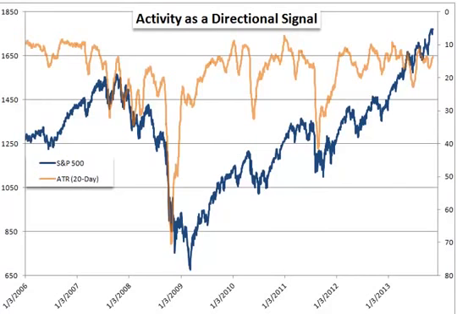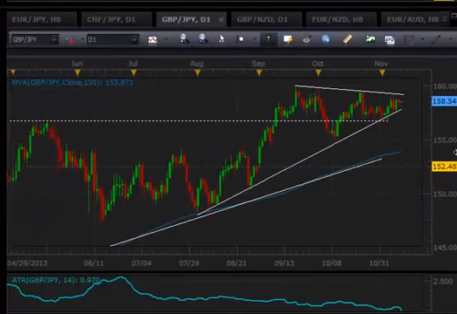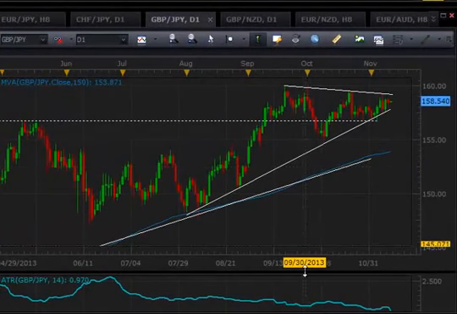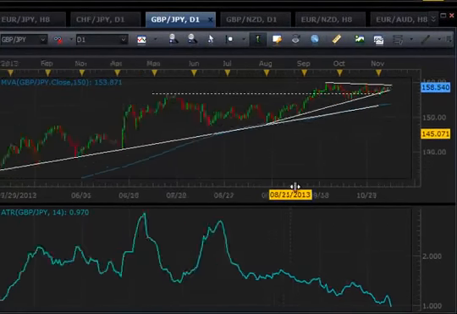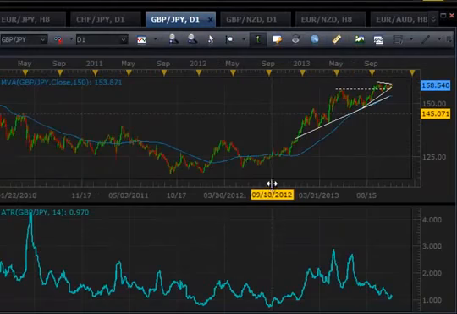Now, this is not just unique to the S&P 500. This just so happens to be also a positive correlation to the same currency pair we were just looking at, the pound yen. Right? And this is actually going to be an indicator that is very similar across all the yen-based crosses, because it's a carry trade pair.